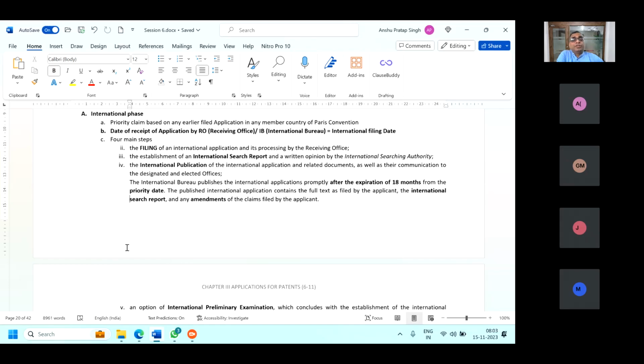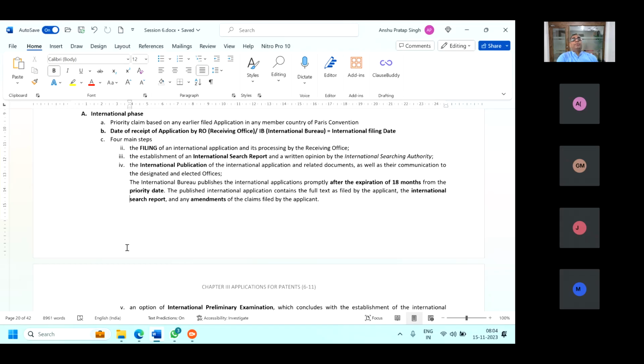Then there will be an international publication within 18 months, and it will get communicated to all the designated and elected offices. Suppose you have designated India, Japan, Germany, France, then this international publication will be communicated to these designated or elected offices.